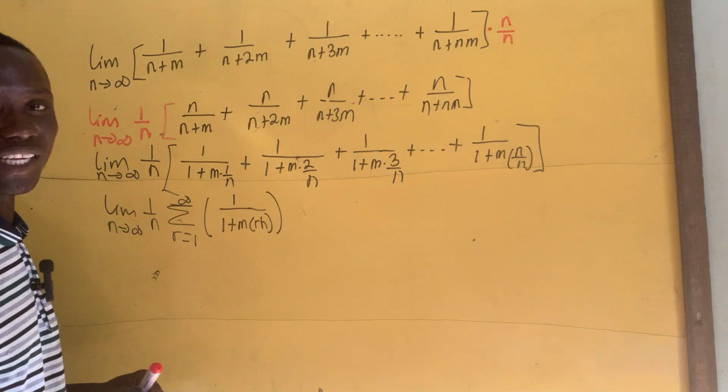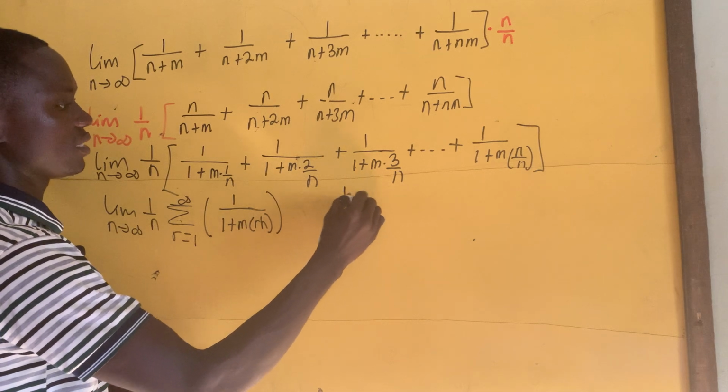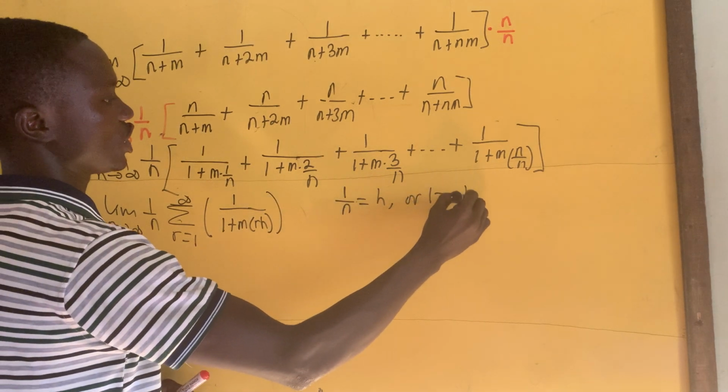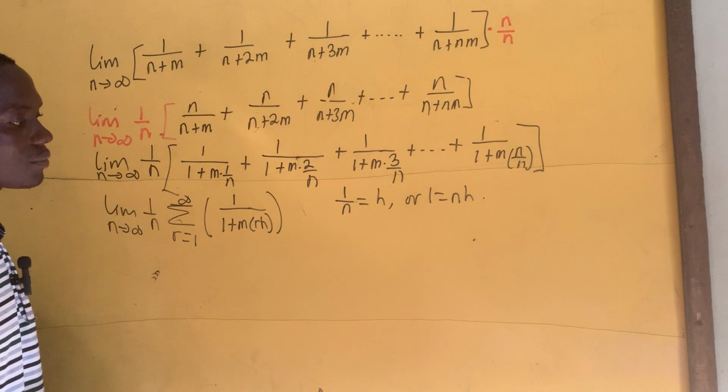Here we are saying that 1 on n equals h, or 1 equals nh. That is very simple.